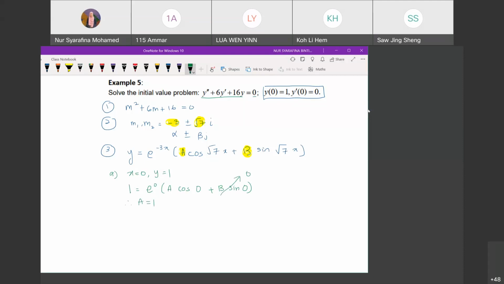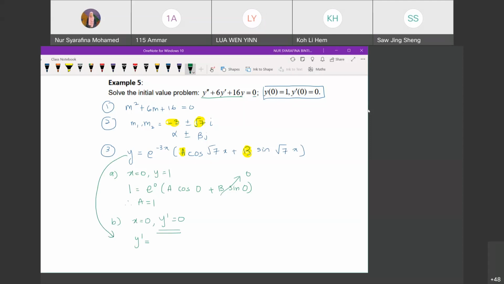Second condition: when x equals 0, y prime equals 0. From this y, you need to find y prime first, so just differentiate y. What is your y prime here?